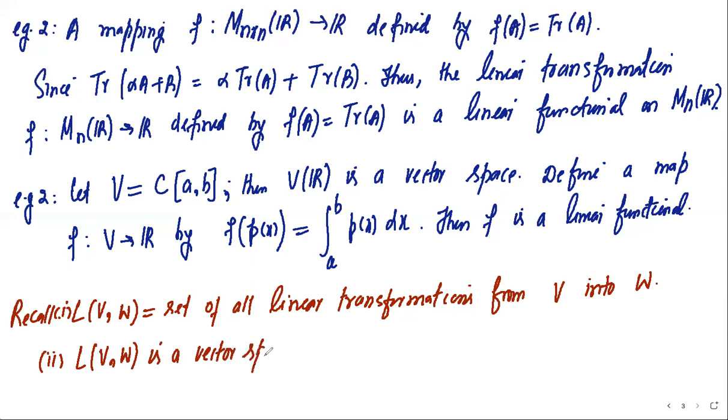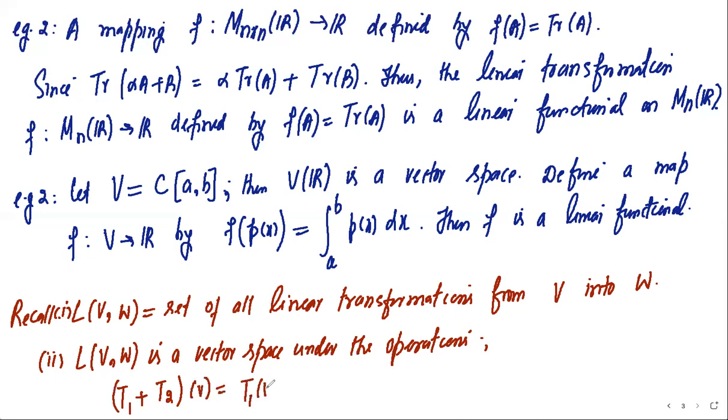The operations were defined in this way. The internal composition was defined as (T1 + T2)(v), which was defined to be equal to T1(v) + T2(v).